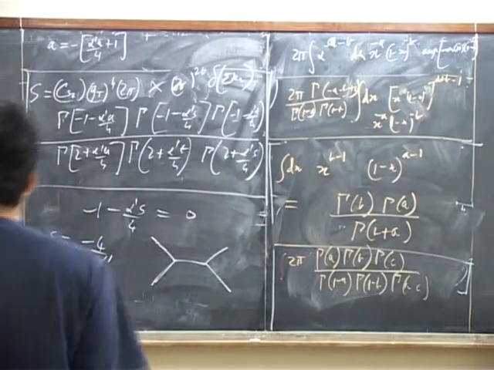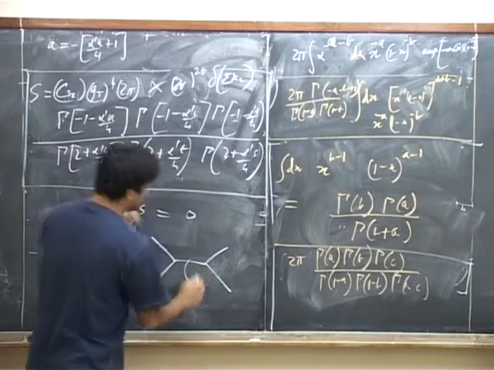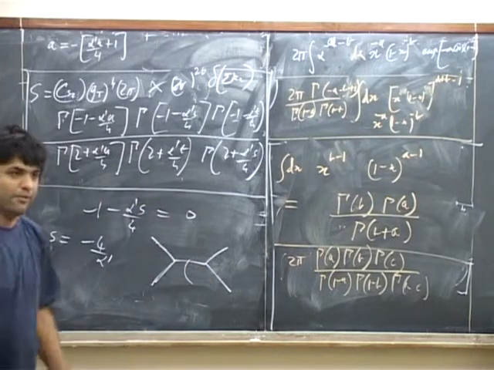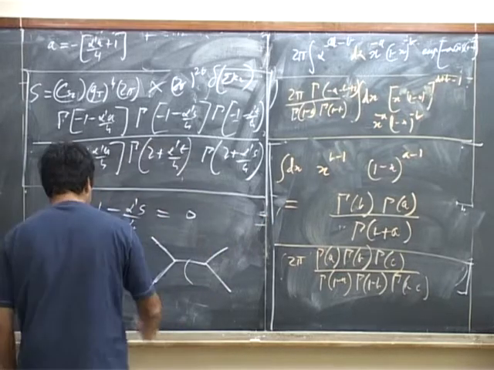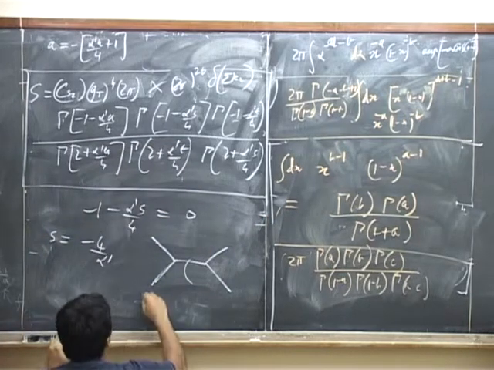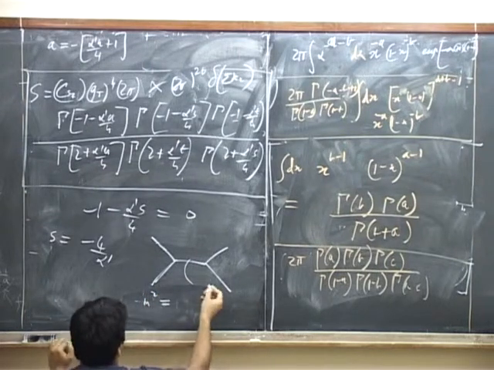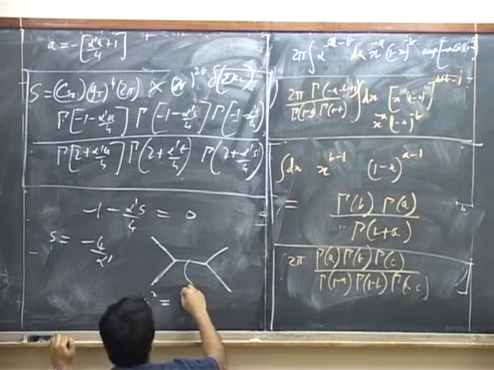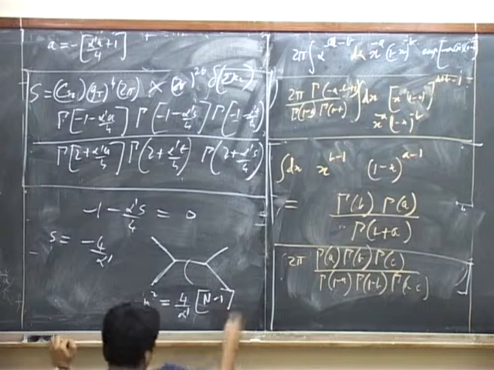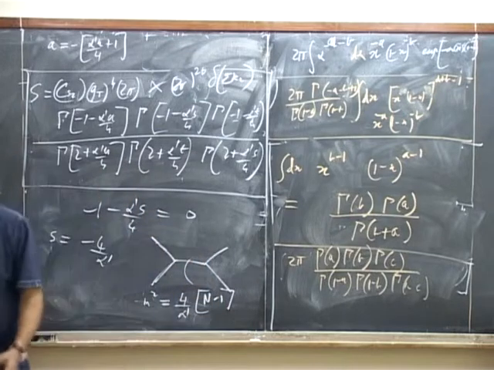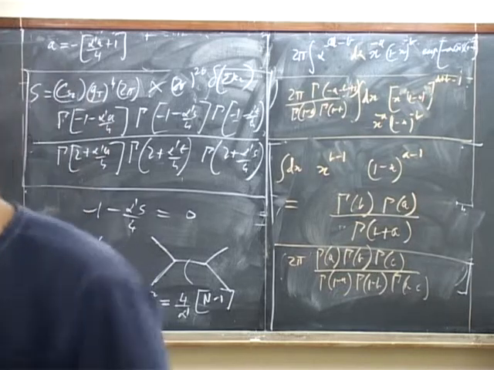In particular, one is the mass spectrum of string theory. The spectrum of closed strings is at m squared equals 4 by alpha prime into n minus 1, where n is all positive integers, the number operator of the oscillators.